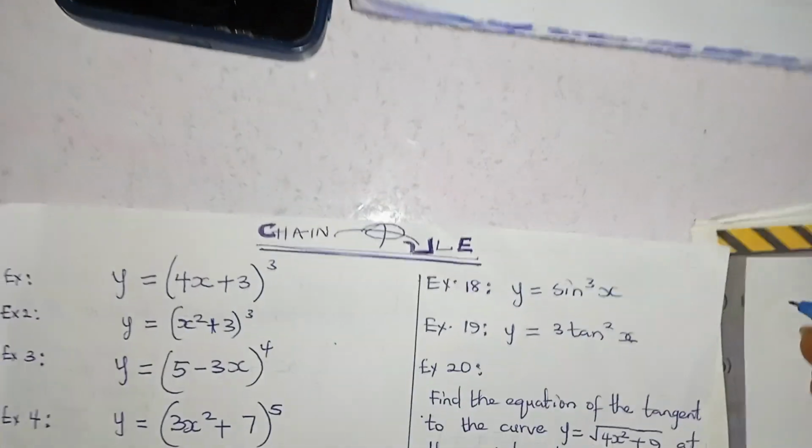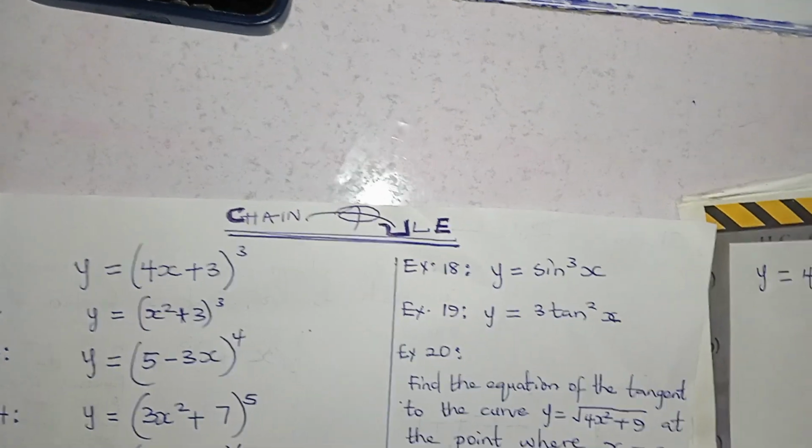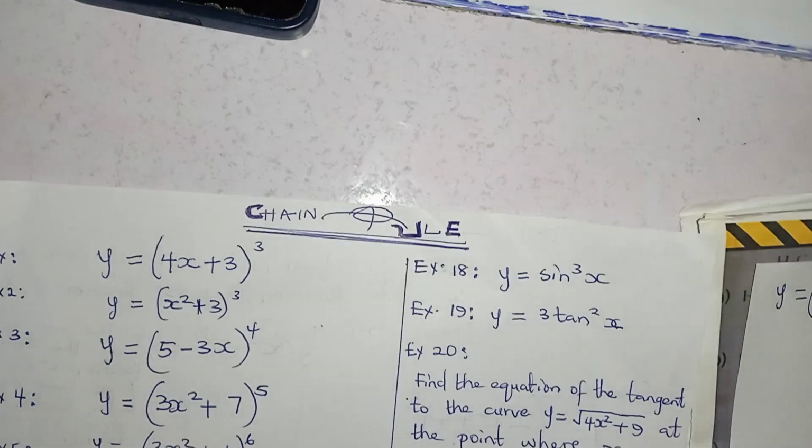The first one, exercise 1, said y is equal to 4x plus 3, all cubed.